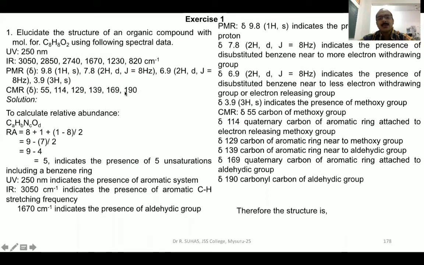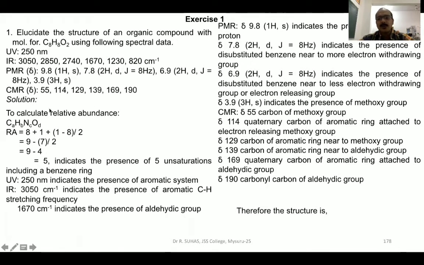Among these, the highest value is 190. So we are suspecting an aldehydic proton here, and a carbonyl aldehydic carbon here. So this carbon may be carbonyl carbon. Here we have got 55, the least. So it may be CH3 of the methoxy group. We are not so sure. We will see how we arrive at it.